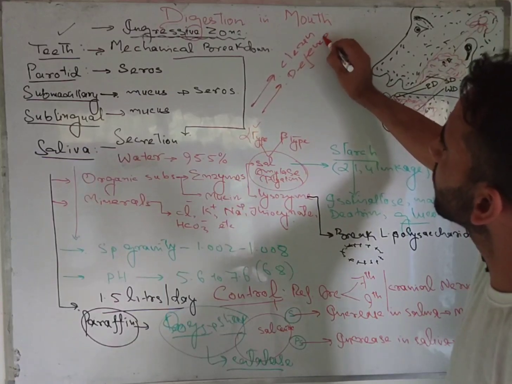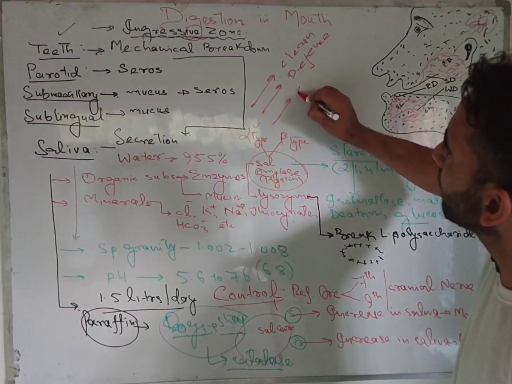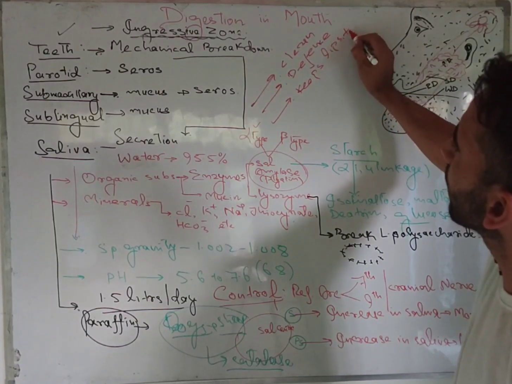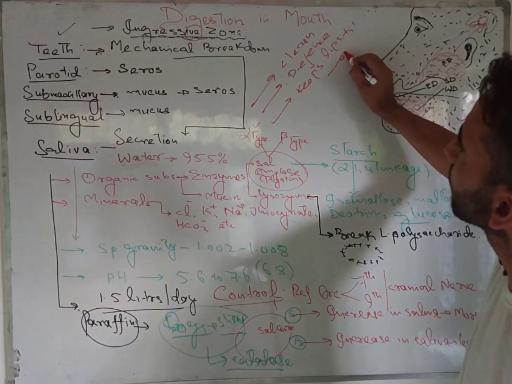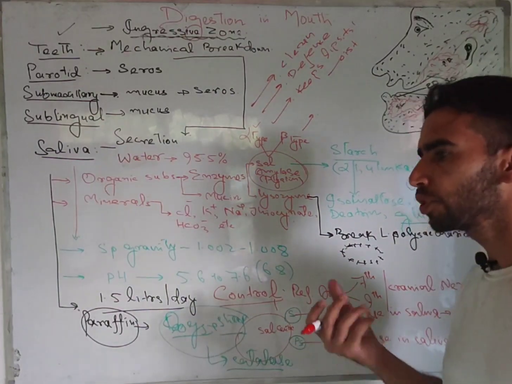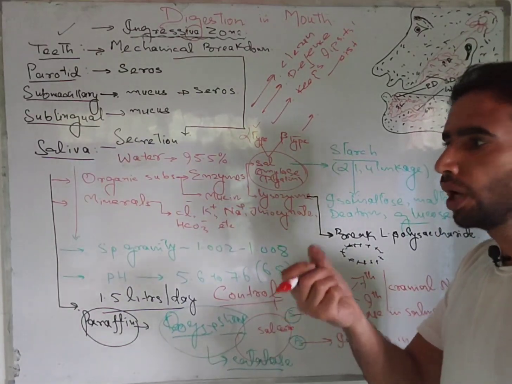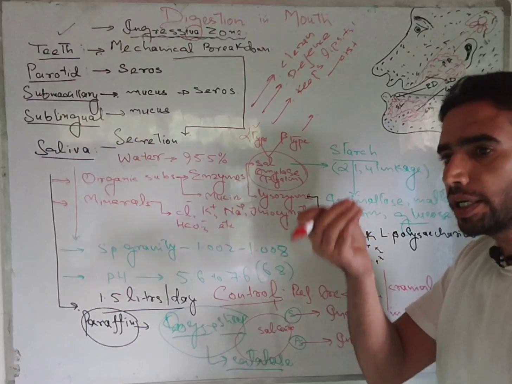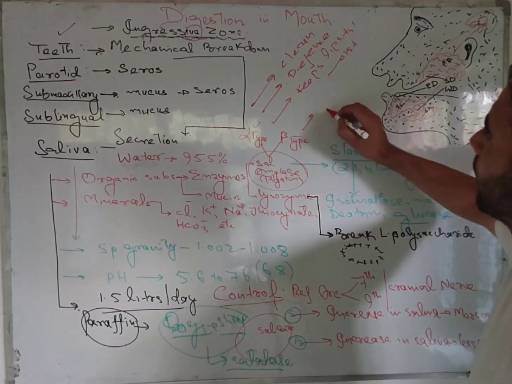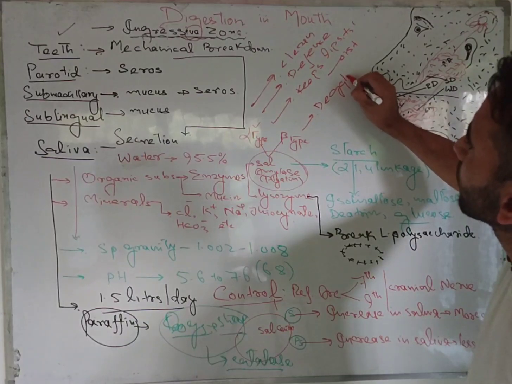It also keeps your lips, your tongue, and your teeth moist. This is another function. And it is this saliva which helps in the process of deglutition of your food, in which you incorporate the bolus deep into your pharyngeal region, then up to your esophagus.